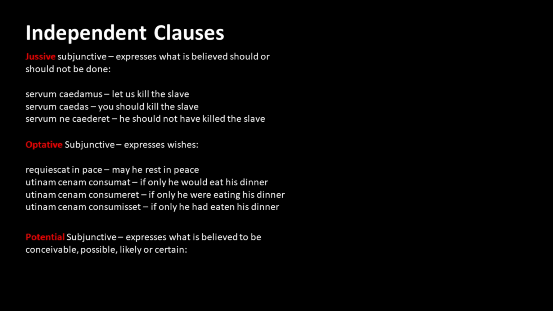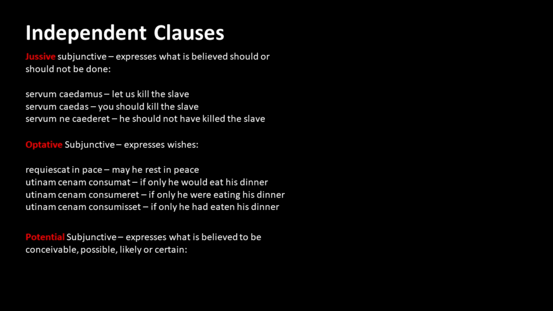It can, of course, look very similar to an optative subjunctive, which expresses what is desirable. It is, of course, up to you to decide on the basis of context what any particular independent subjunctive verb is supposed to mean. But let us remain with the potential subjunctive.